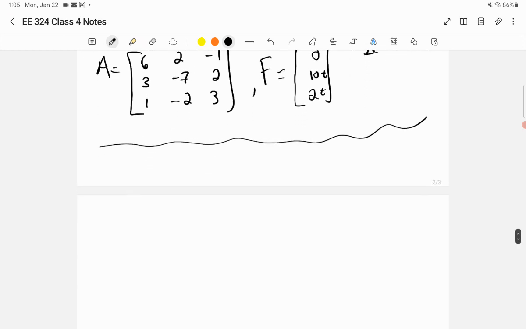So we're dealing with linear systems for a reason, because in the case of what we're going to be interested in is the solution. We're going to want to find x, right? Which is the solution. We call this the solution vector.